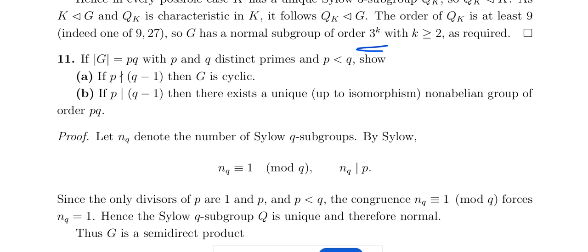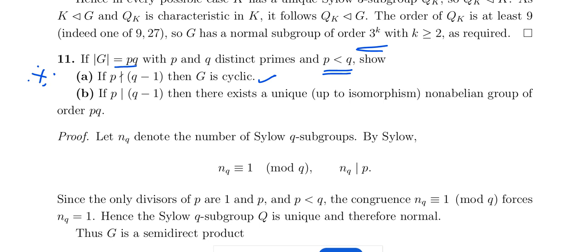Okay, for order 108 done; another one is the order of G equal to pq, where p is less than q, both distinct primes. If p doesn't divide q minus 1, then G is cyclic. This is a very, very important result.